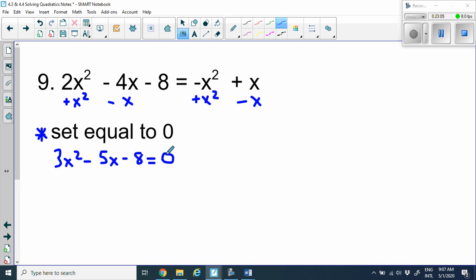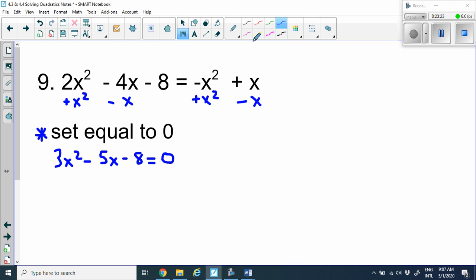Okay, our next thing is to see if these three terms have anything in common. They do not. So now we are going to factor. So what I would like you to do is go ahead and pause this video and factor 3x squared minus 5x minus 8.